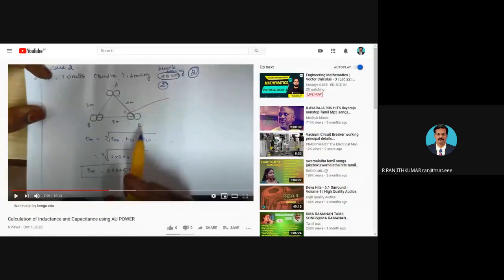Have you copied? Yes, the bundle spacing value is 45 centimeter. Yes, Kanna, it is 45 centimeter. Thank you, ma'am.